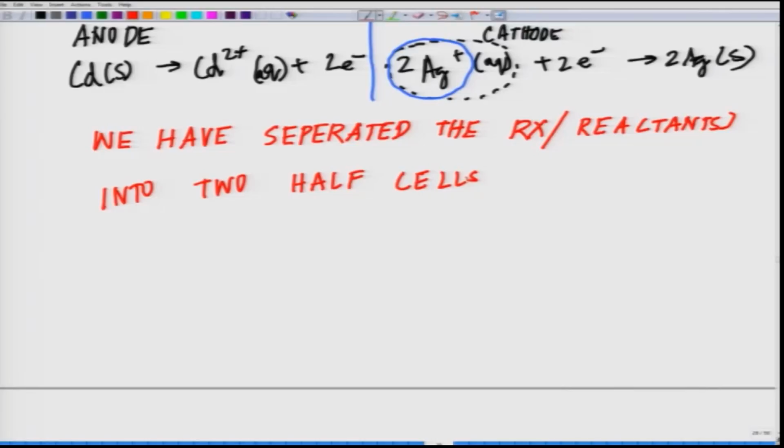So, here we are introducing the concept of half cells. Please be very careful, this will come very handy.